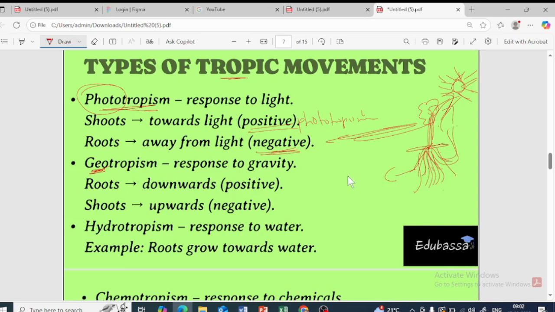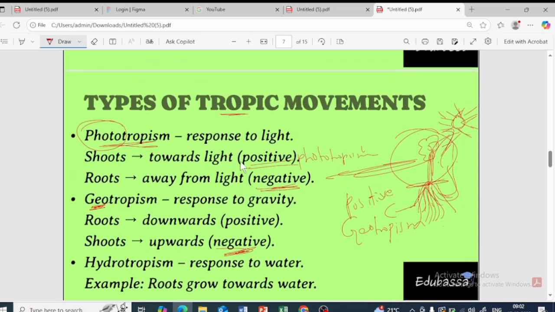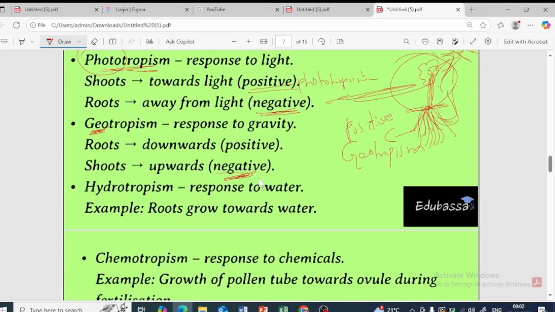Hence it shows which geotropism? Positive geotropism. Whereas the shoot part shows which geotropism? Yes, very good. Negative geotropism. Next is about the hydrotropism.